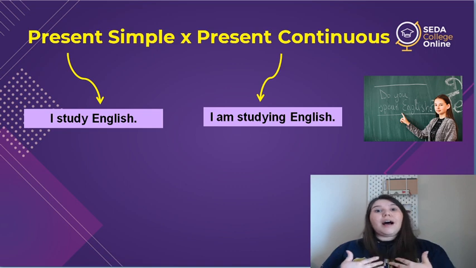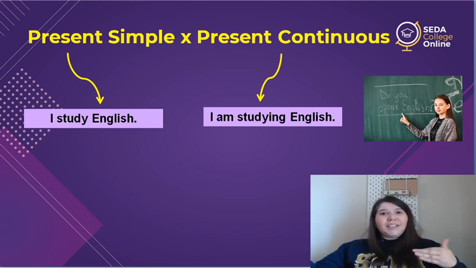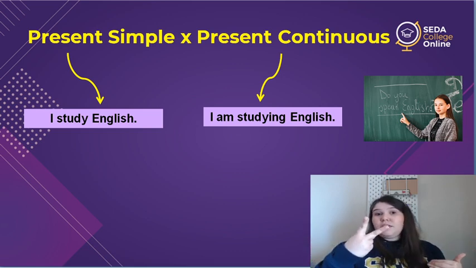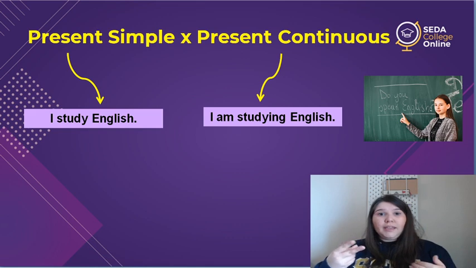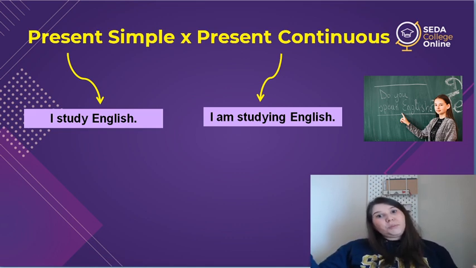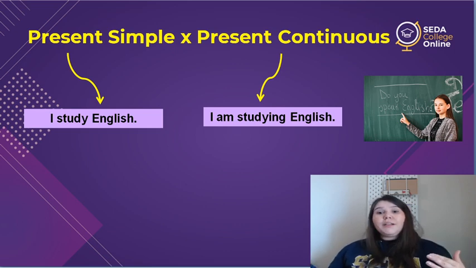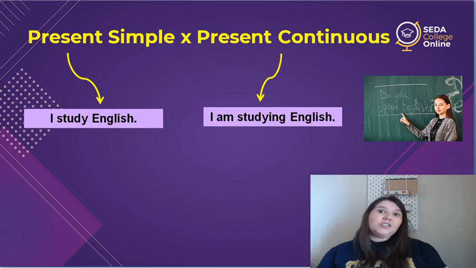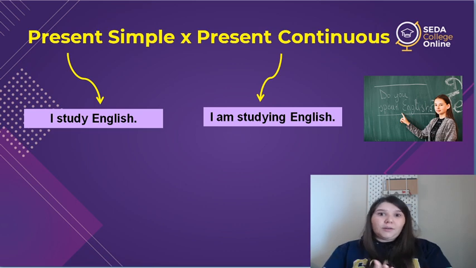When I say I study English, it means that I am in the process of studying. So I study every day, or maybe I study 2 times a week. Okay, so it's a long process and something I'm doing repeatedly every day. When I say I am studying English, it means that I'm studying right now.